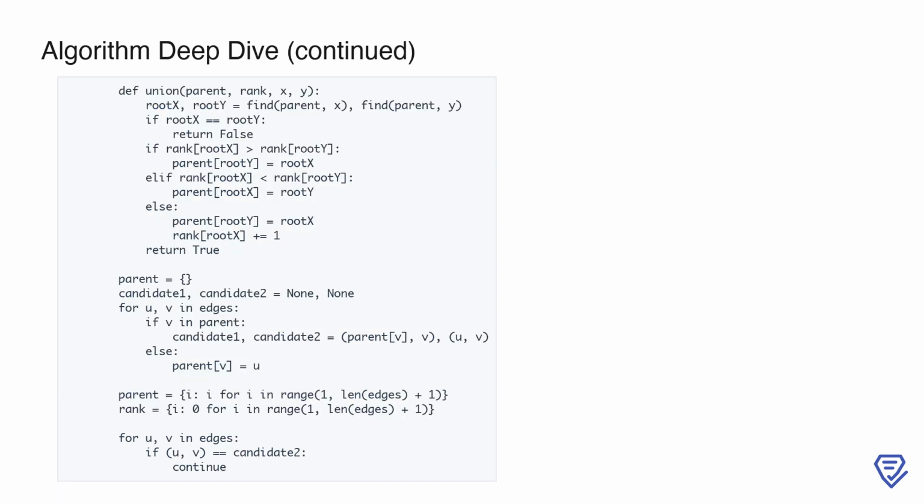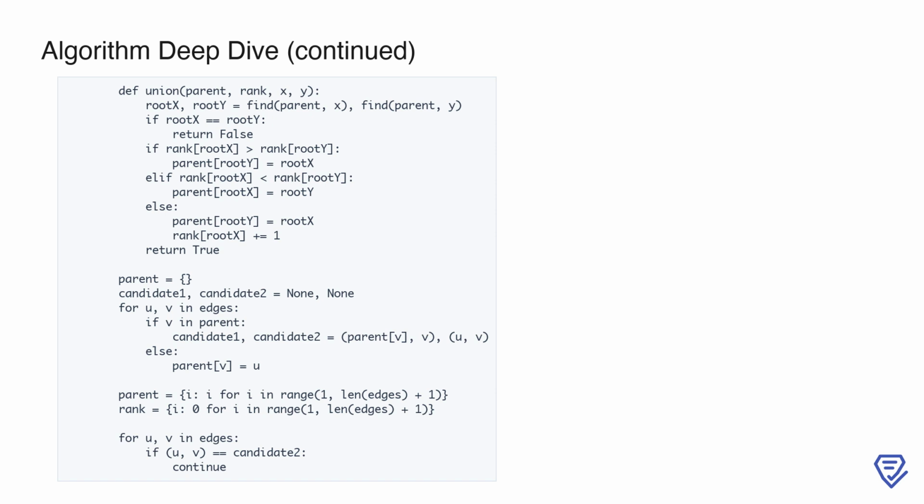The implementation begins with the helper functions for union find. The find function uses path compression to locate the root of a node efficiently. The union function merges two nodes by comparing their ranks, ensuring the structure remains balanced for optimal performance. We then initialize a dictionary to track the parent of each node, as well as variables to store the two conflicting edges if a node has multiple parents.